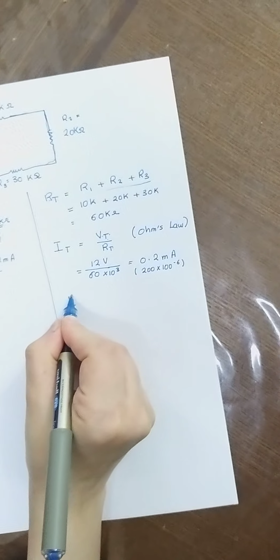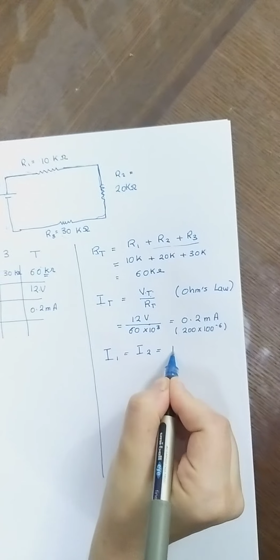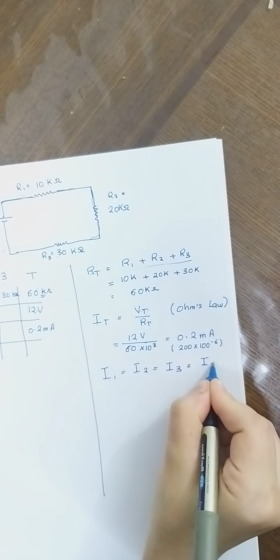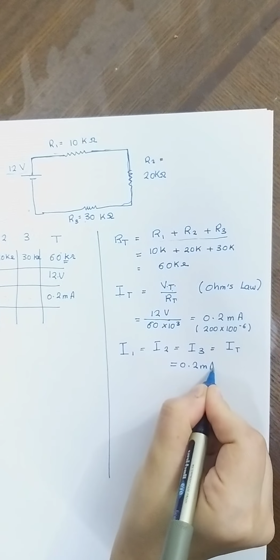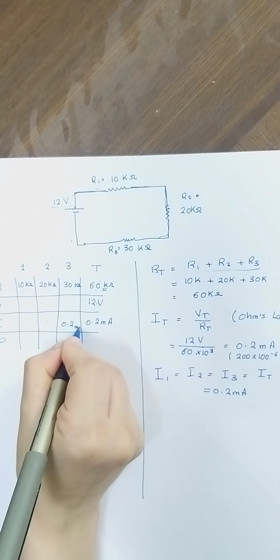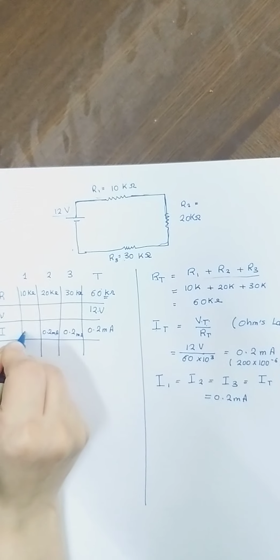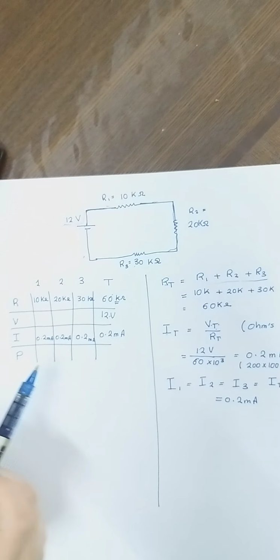So I1 is equal to I2 is equal to I3 is equal to I total, which is 0.2 milliampere. What's the next step here?